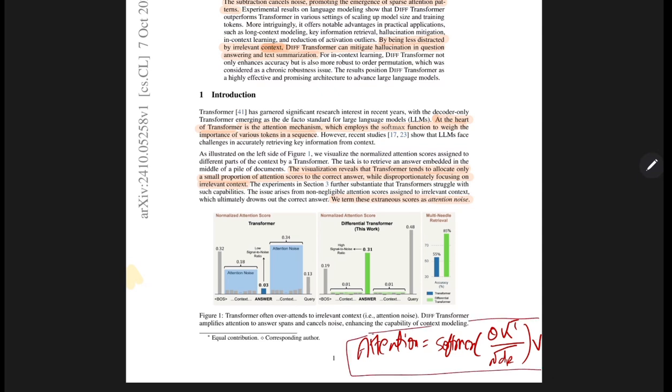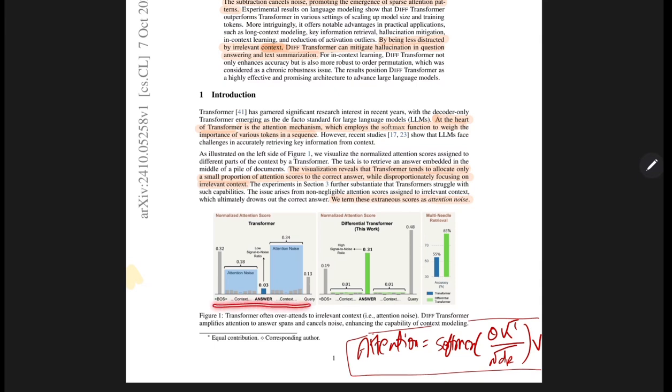Now, we usually modify things in here only, but let's first understand what the paper is trying to tell us, right? They are saying that in this particular diagram, we visualize normalized attention score assigned to different parts of the context by a transformer. The task is to retrieve an answer embedded in the middle of a pile of documents. Sort of they're conducting that needle in a haystack solution. Now, the visualization reveals that transformer tends to allocate only a small proportion of attention score to the correct answer, while focusing on irrelevant context.